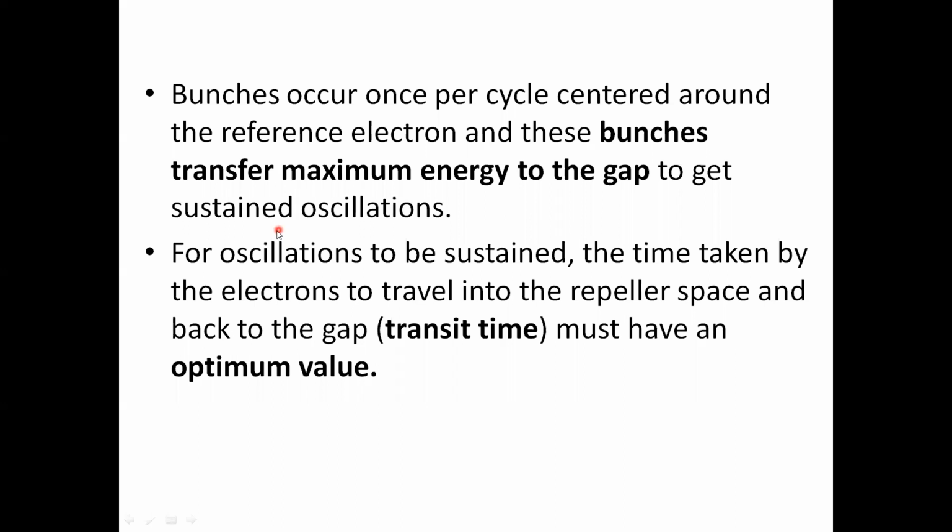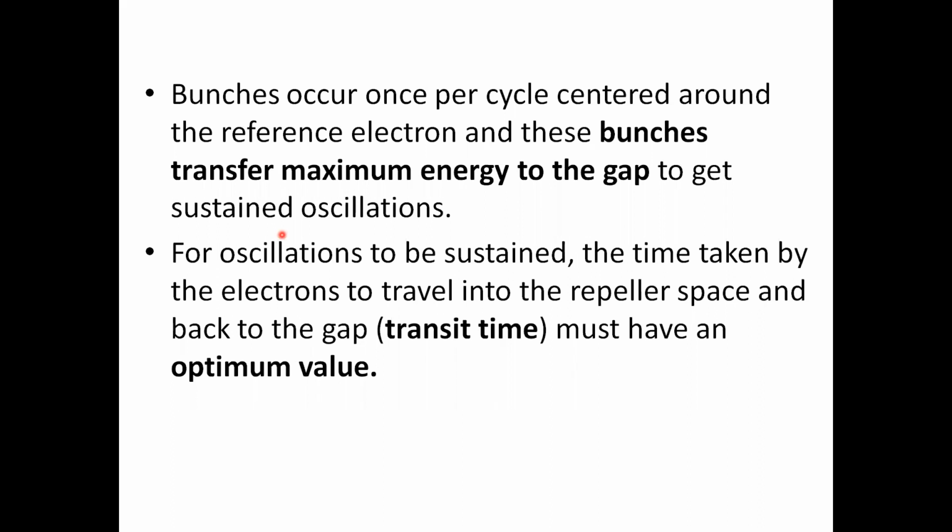These bunches, groups of electrons, form once per cycle and they are centered around the reference electron. Therefore, all these bunches transfer maximum energy to the gap, so maximum energy can be attained. That is the conclusion taken from the schematic.